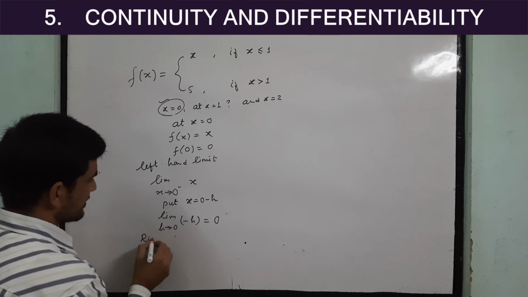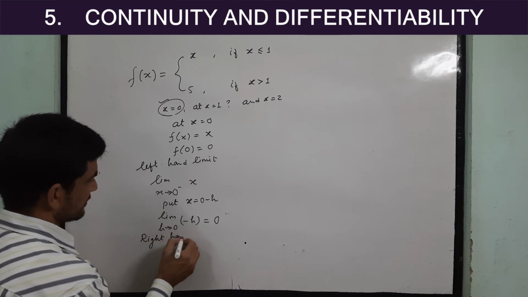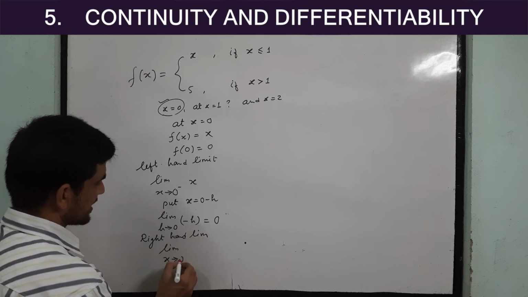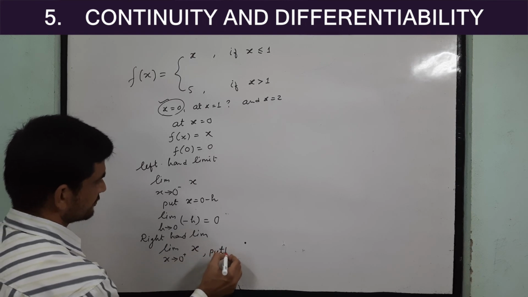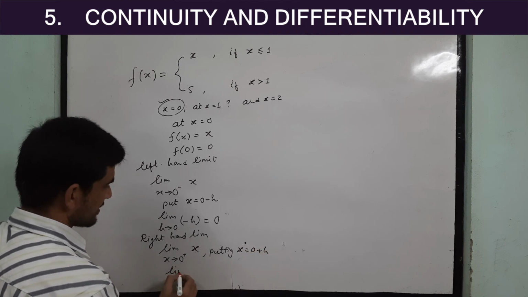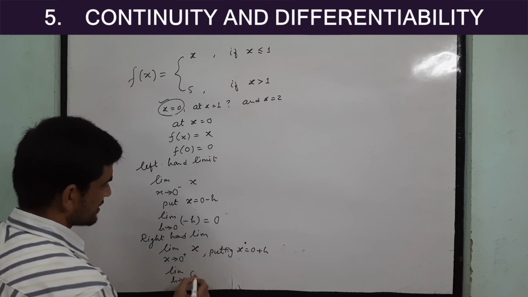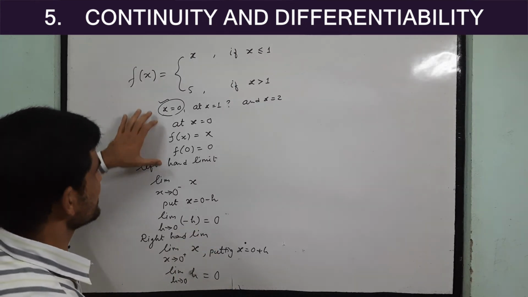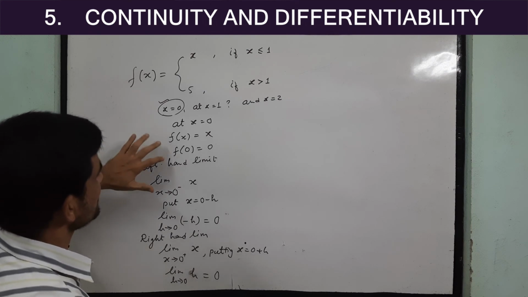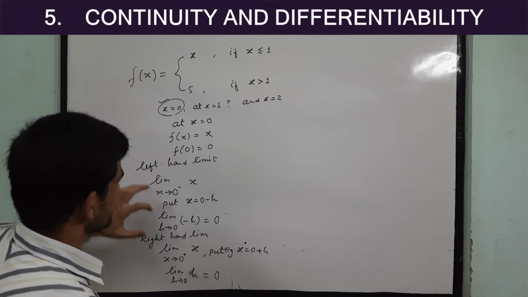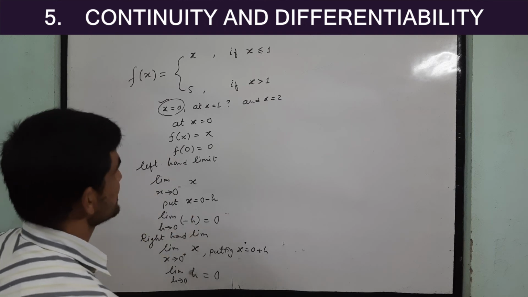And the right hand limit is very simple: limit x tends to slightly greater than 0, we put x equal to 0 plus h, limit h tends to 0 becomes h and that is 0 only. So at x equal to 0 it is continuous. Clear? Because f(0) is also 0, left hand limit is also 0, right hand limit is also 0.